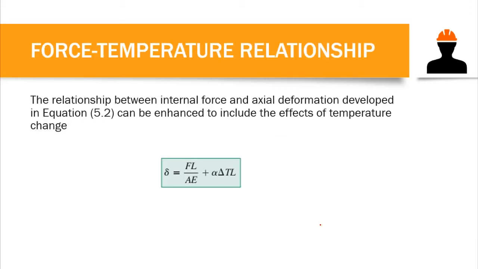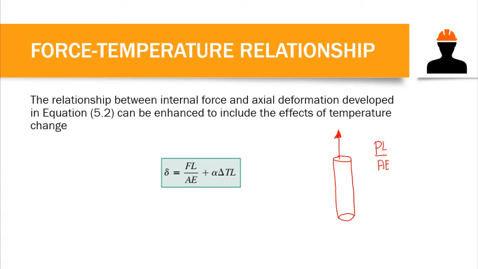Okay? And if our bar is subjected to both axial load and thermal effect, at the same time it is exposed to high temperature, then due to axial load P it would have an axial deformation, given as PL over AE.